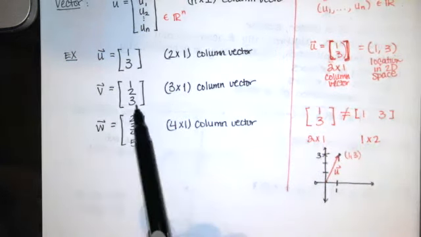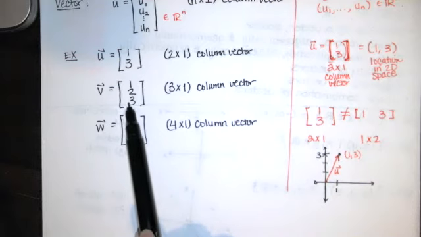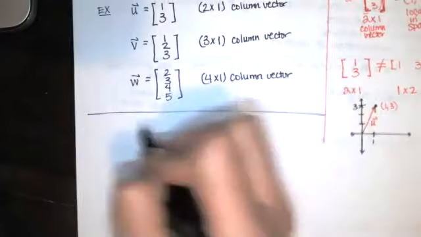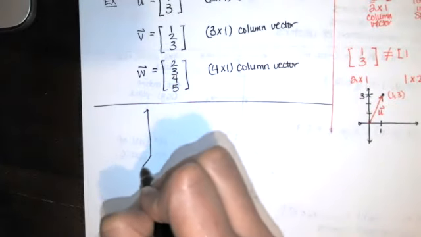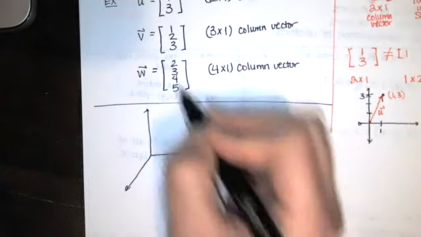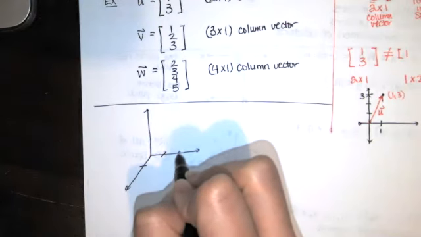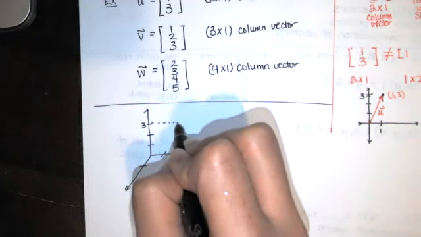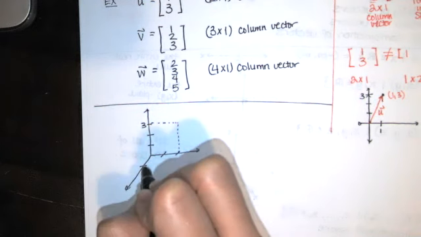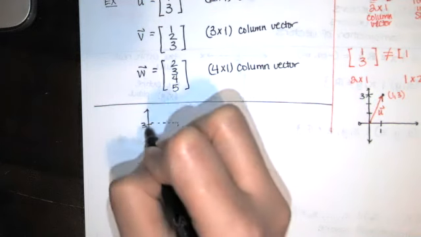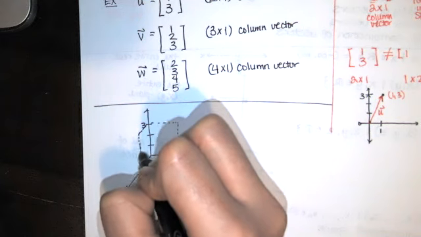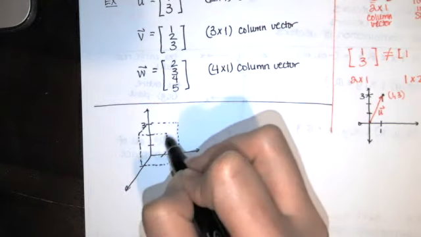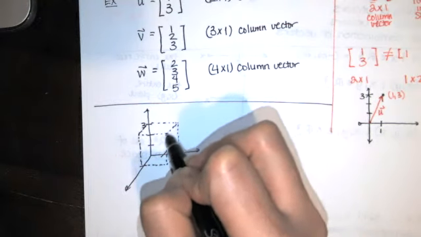And the same is true with this vector 1, 2, 3. Rather than thinking of that vector v in this way, we're in 3-dimensional space. We go 1 unit in the x direction, 2 units in the y direction, 3 units in the z direction. And I like to draw a little rectangular box, because it's just a box, by drawing dotted lines that are parallel to my axes.